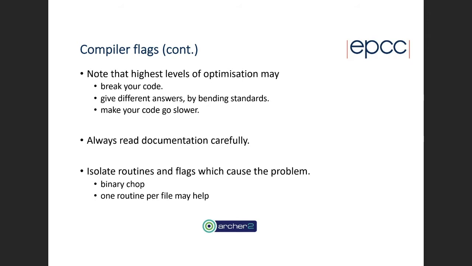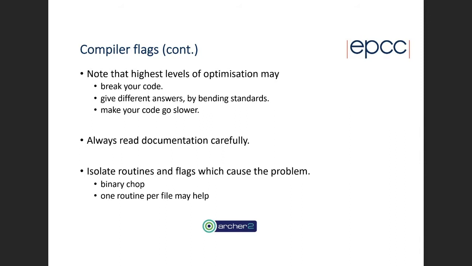So always read the documentation carefully, so you know what you're potentially exposing yourself to with high optimization levels. And if you find that something does give you a problem, then you may wish to only apply a very aggressive optimization selectively to certain files.